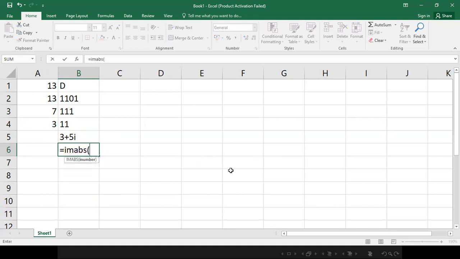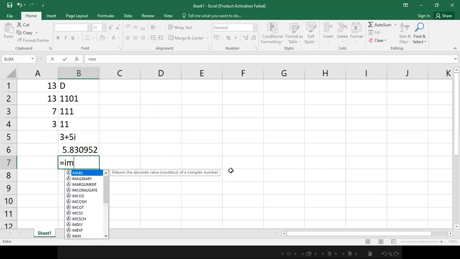The absolute value of these two components would be written as 5.83, because it is equivalent to 3 square plus 5 square, which is 9 plus 25, 34. The square root of 34 is 5.83. 5.83 is the result we get for IMABS.